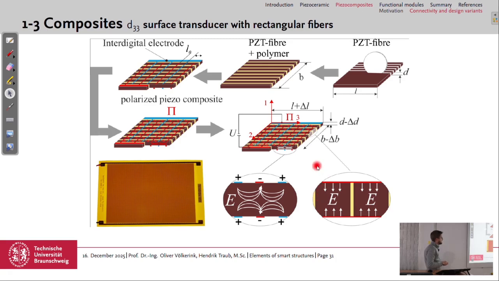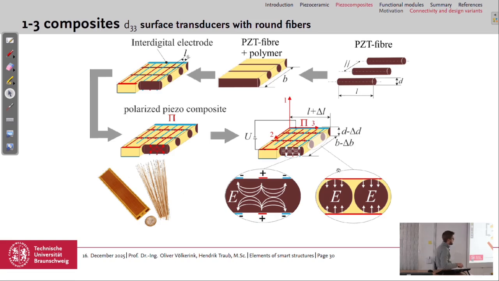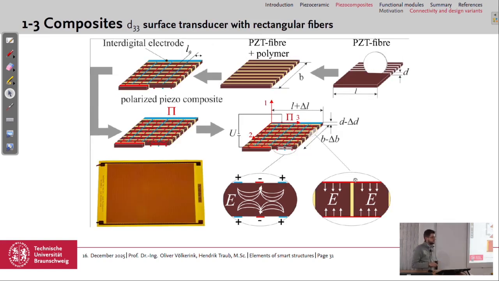And also the electrodes have better contact, because you have a line or a surface contact on the fibers and not only a line contact where the electrode touches only at one line.